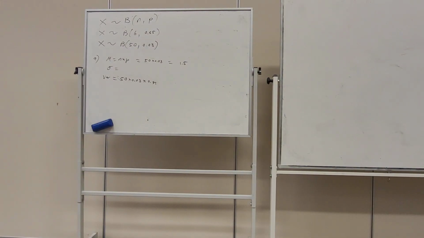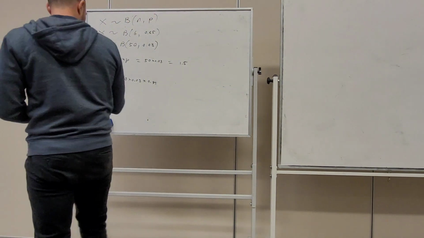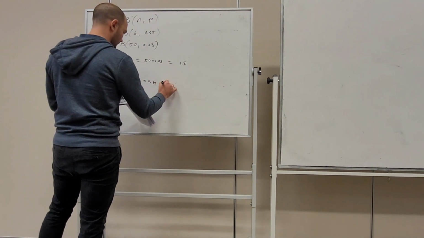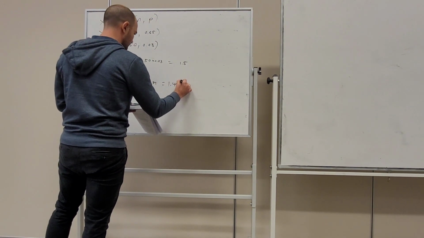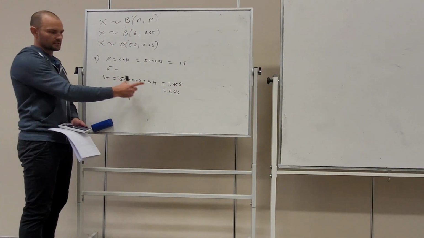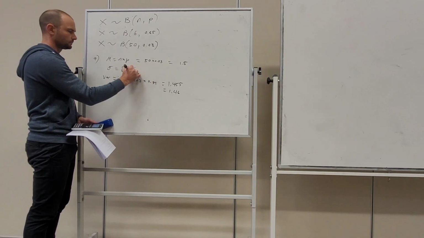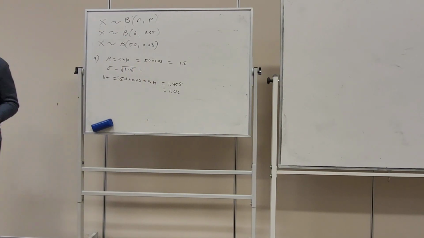That's 1.455, about 1.46. And then we know the standard deviation is the square root of the variance, so it's the square root of our answer here. We can leave it like that or round it to 3 significant figures, either's fine. So we've got the mean, standard deviation, and variance of X defective matches.